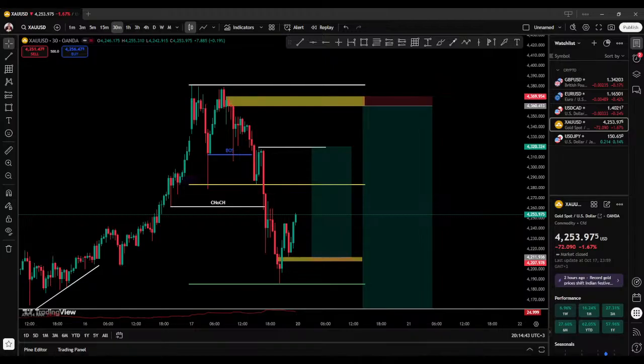Can you see that group there? This is the group I'm talking about.